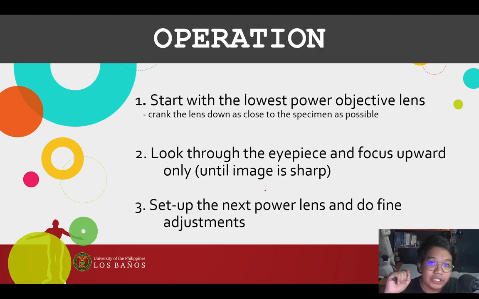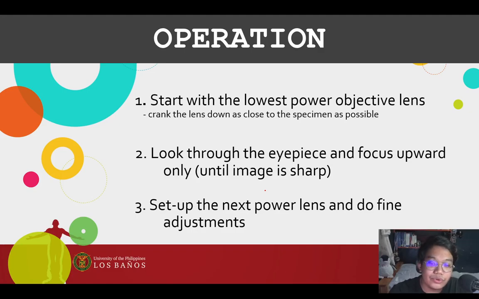Kasi magsusmudge yun sa ating objectives. And mamaminusan kayo sa lab performance when you do that. Next is possible kasi na mag-crack yung ating slides or yung ating lens. Kaya dapat you have to be very careful when you crank the lens down when you mount your sample.